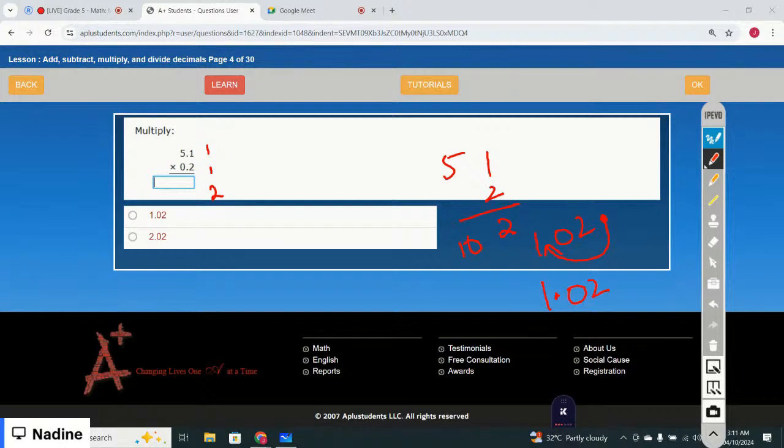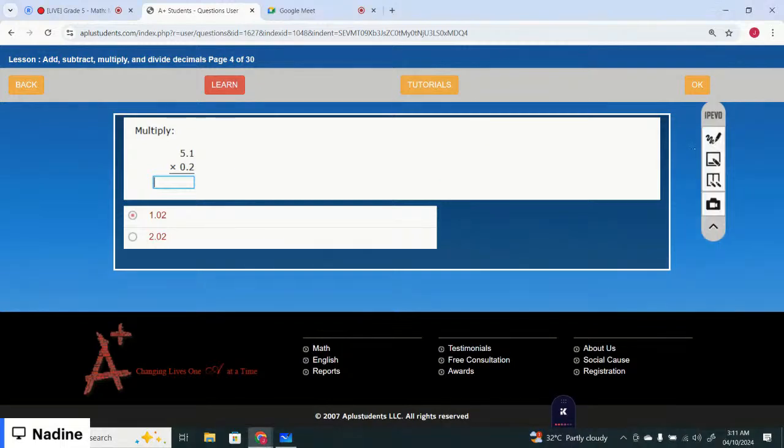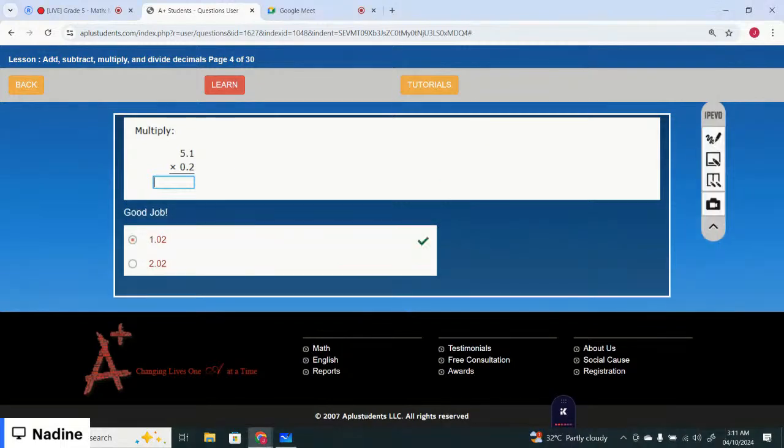The correct option is option number 1, that is 1.02.